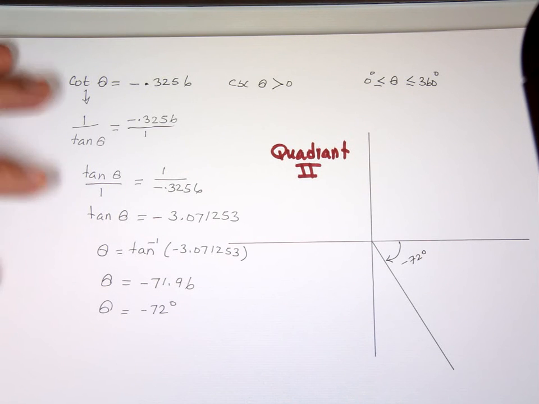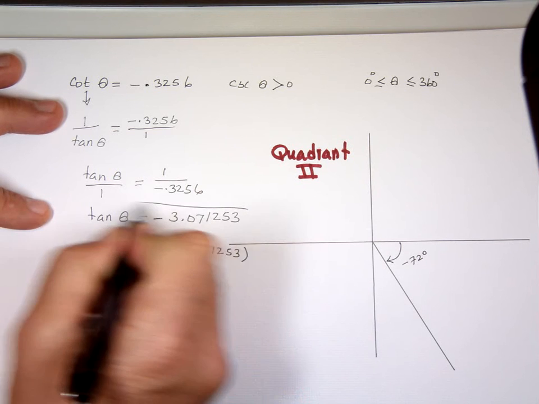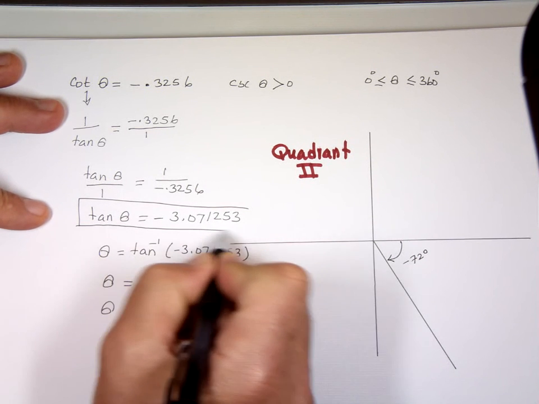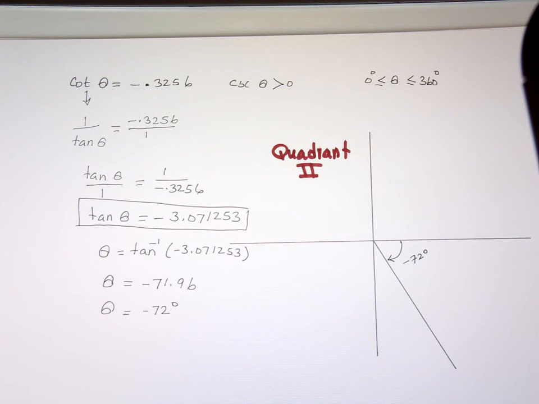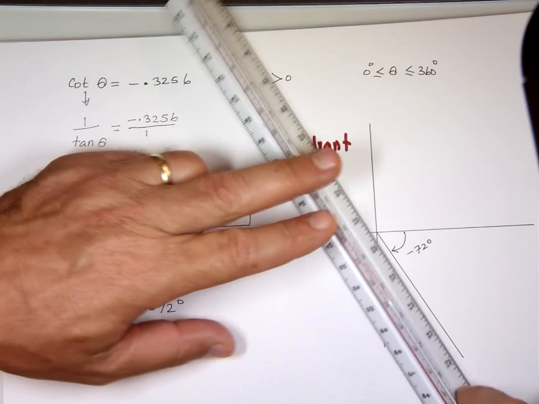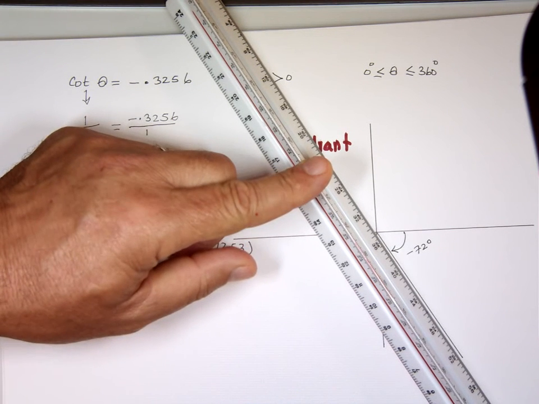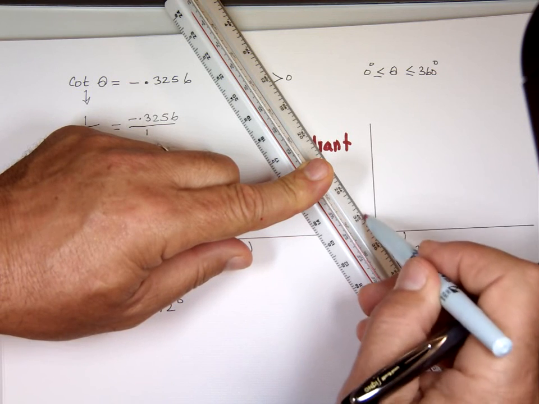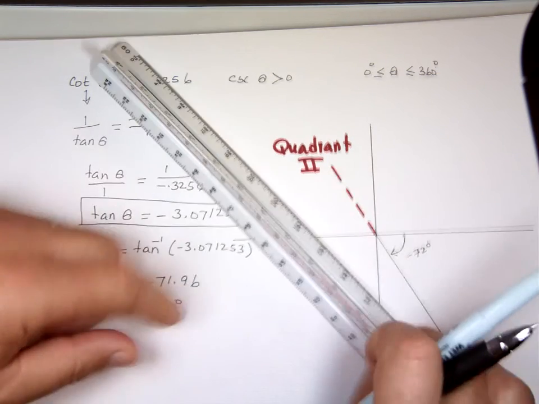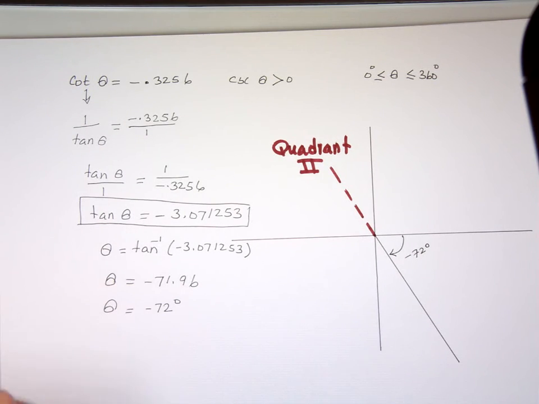For the tangent, to get the other angle, what do we do? Extend the line. If you extend your line, you get an angle in the second quadrant. That's where the angle is.